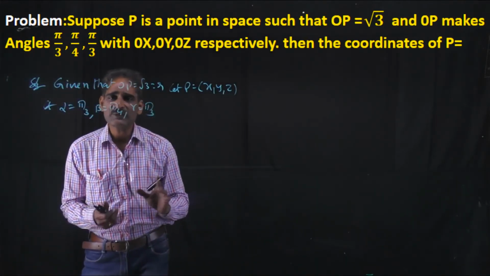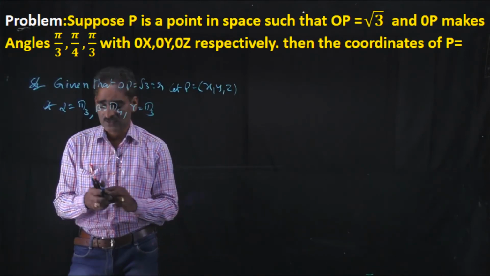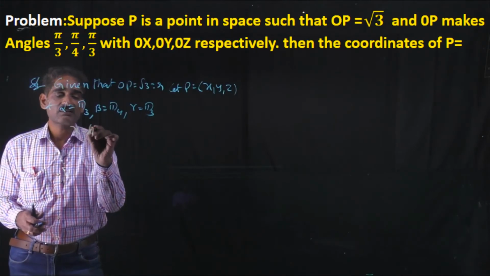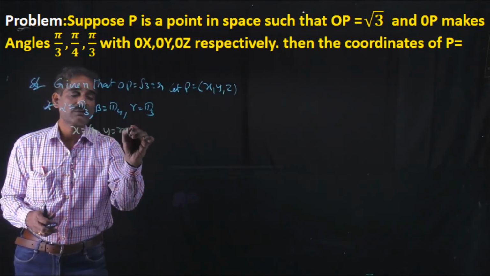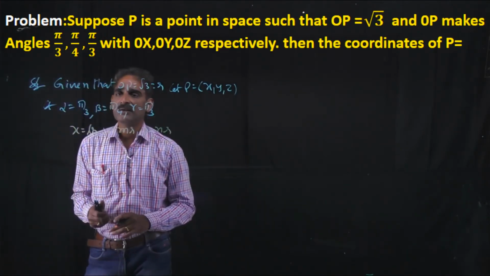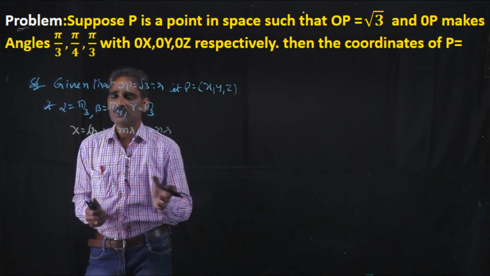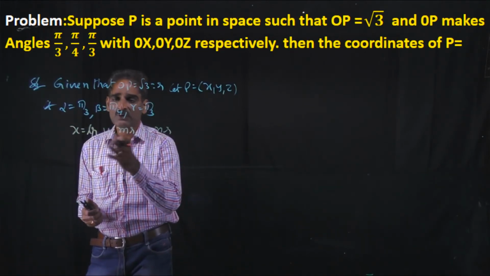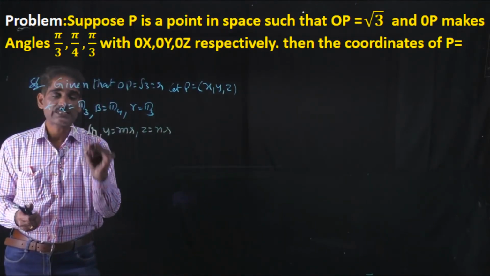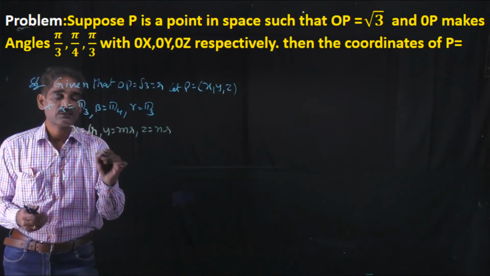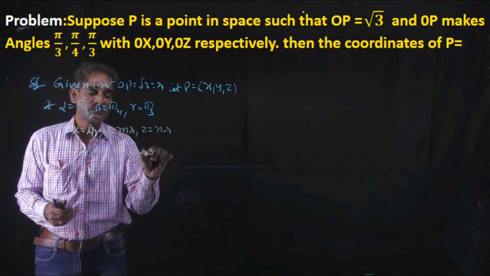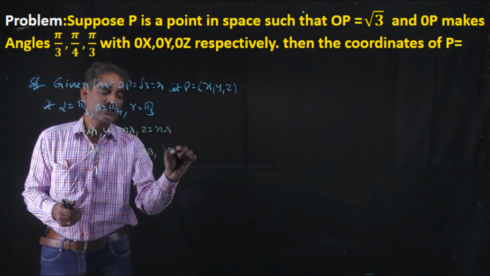What about the relation between the coordinates of the point, DCs and r? We know that x is equal to lr, y is equal to mr, and z equal to nr. r is root 3. So we have to find x, y, z values, so l, m, n are required. How can you write l, m, n? Just apply cos for these 3 angles. Therefore, l is equal to cos alpha, m is equal to cos beta, and n is equal to cos gamma.